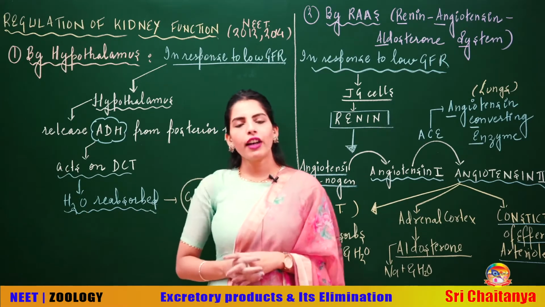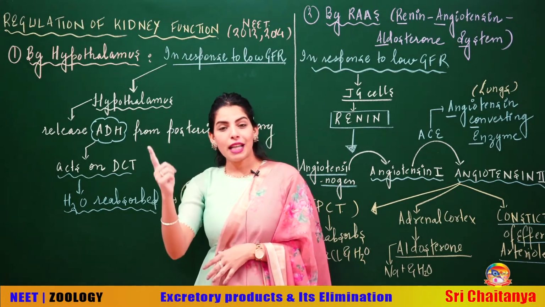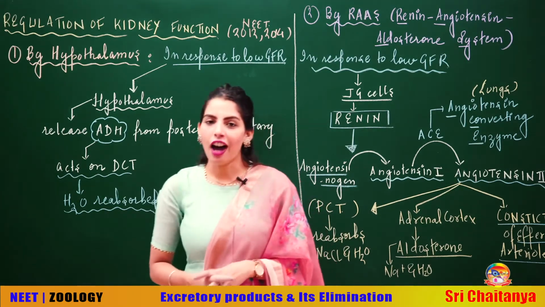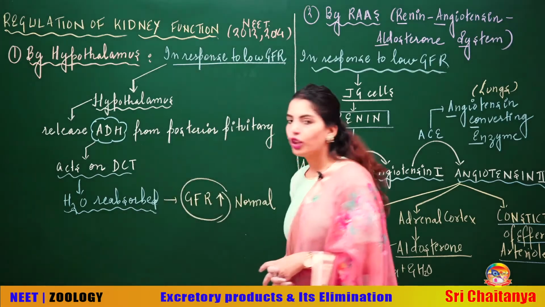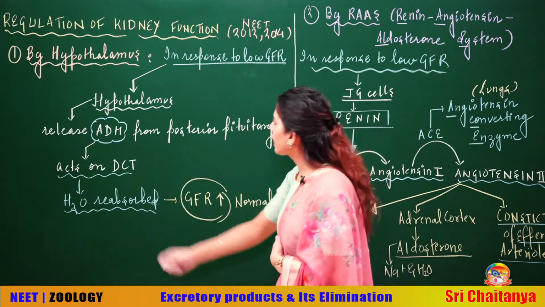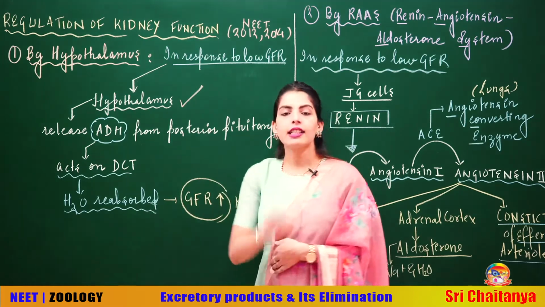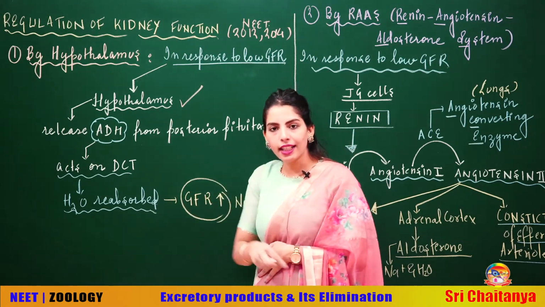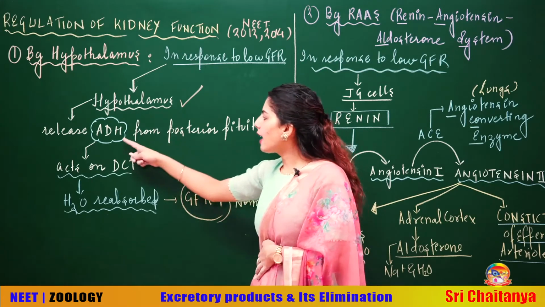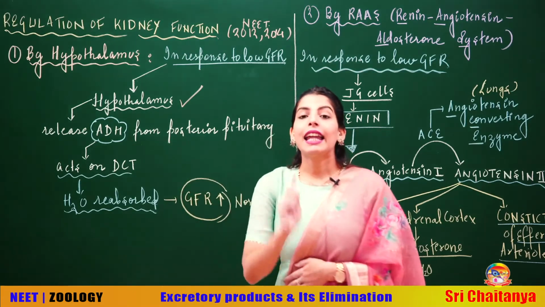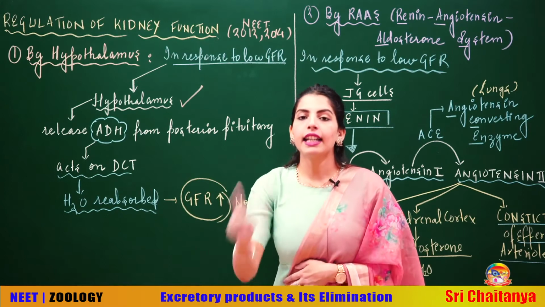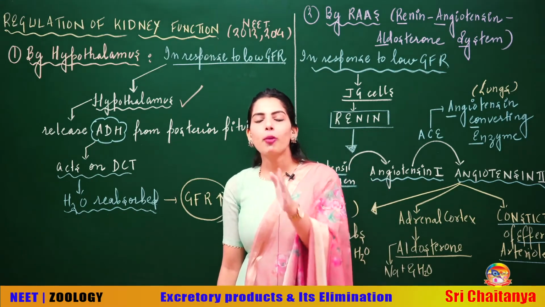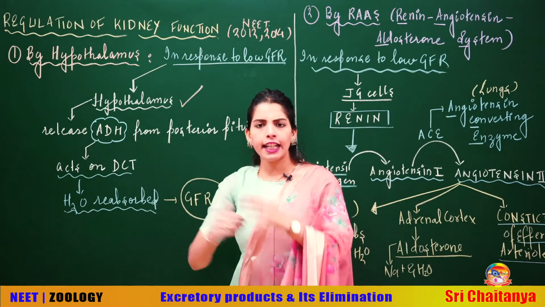Now, when the GFR is low, these osmoreceptors get stimulated by the reduction in the GFR. Upon activation of the osmoreceptors, which part do they signal? They signal the hypothalamus. When the hypothalamus gets those signals, it starts to release ADH, anti-diuretic hormone, also called vasopressin.